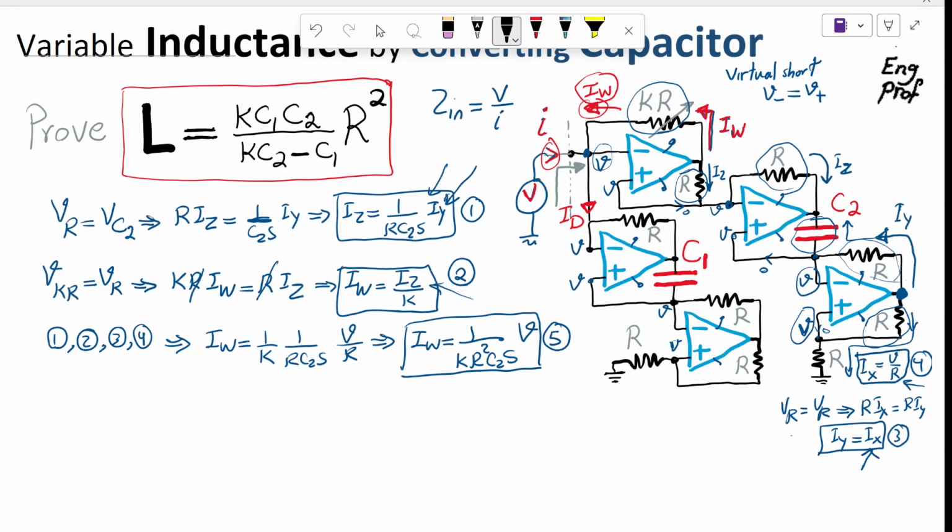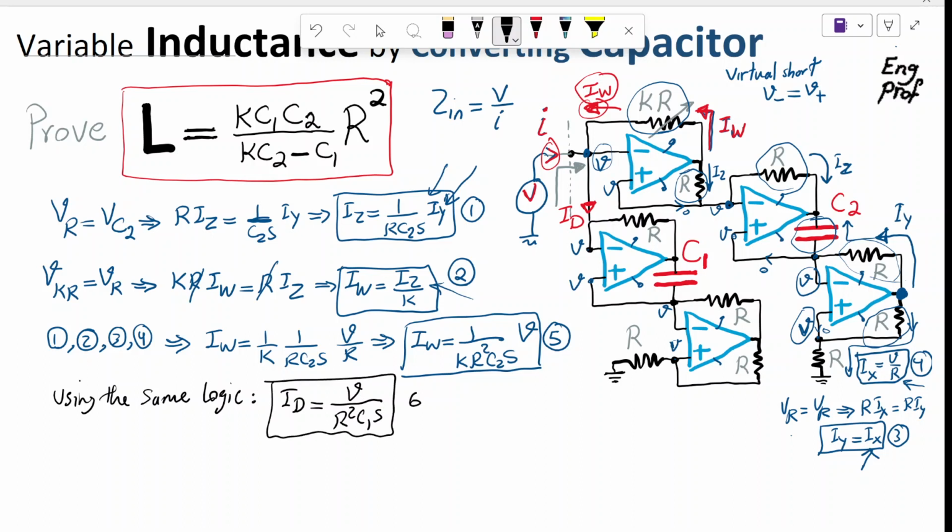Using the same logic and thought process as I showed you for IW, I can say that ID with the direction shown there is equal to V over R squared C1 S. That's equation number 6.